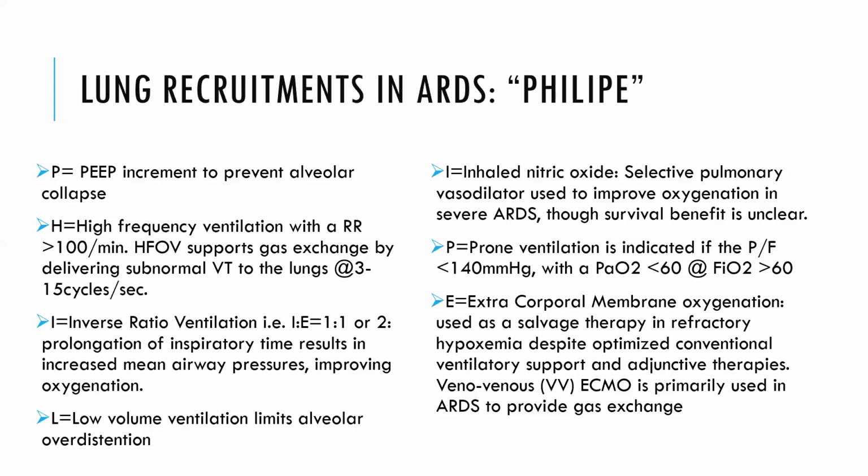So for this patient in the clinical scenario, one of the things that would be ideal is for him to be placed in prone position. Indications for proning in ARDS are a very low PF ratio, less than 140, and when your PaO2 is less than 60 at FiO2 of greater than 60. If you have facilities to prone, the patient should be proned to improve oxygenation.